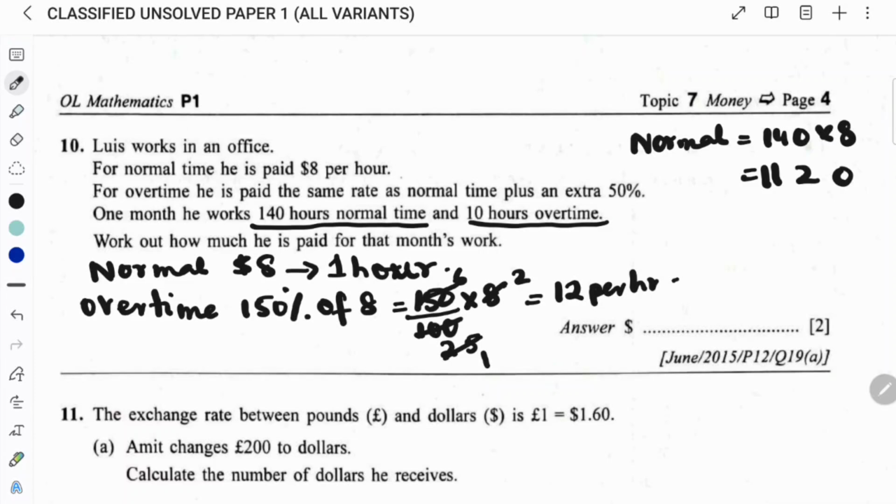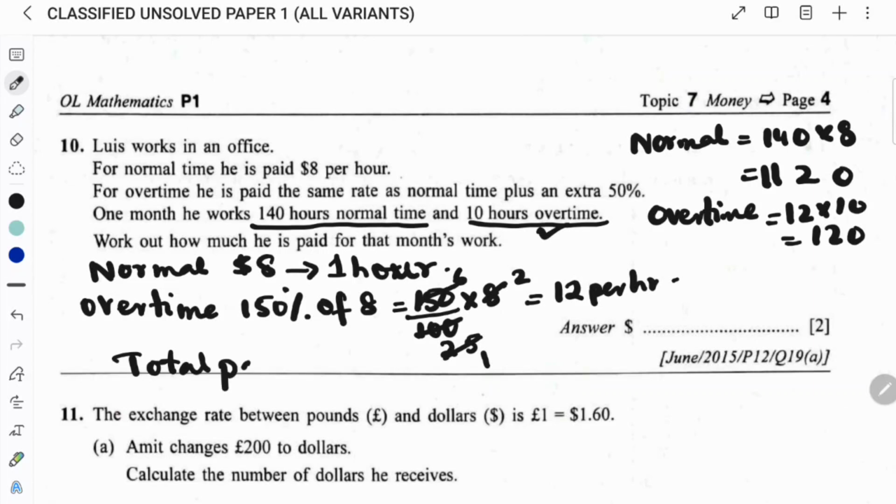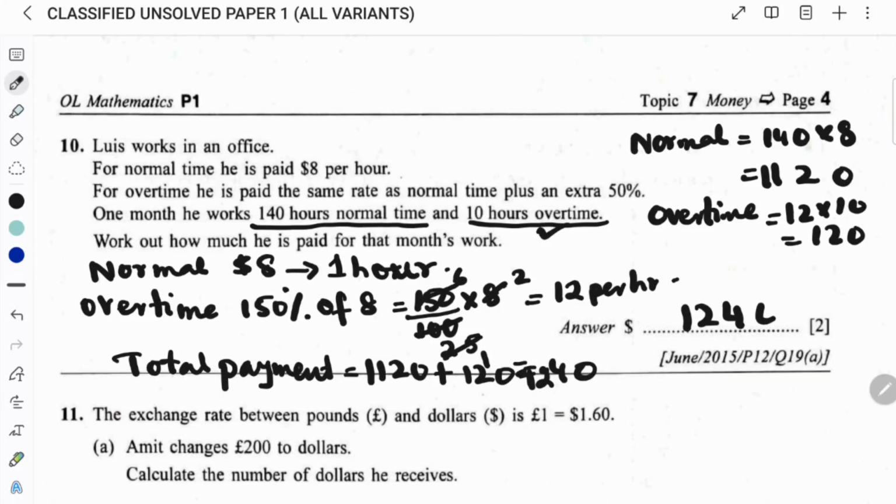And for the overtime, how many? 10 hours. It's given: 12 times 10 is 120. So the total payment will be equal to 1120 plus 120, and then you will be getting 1240.